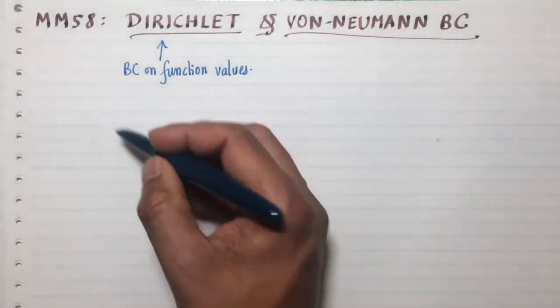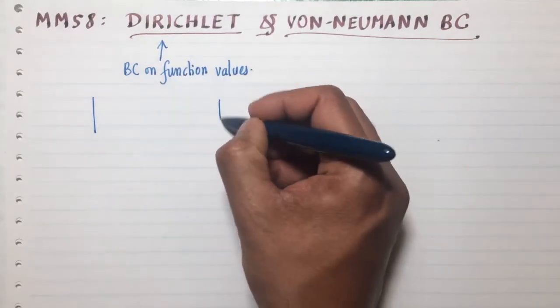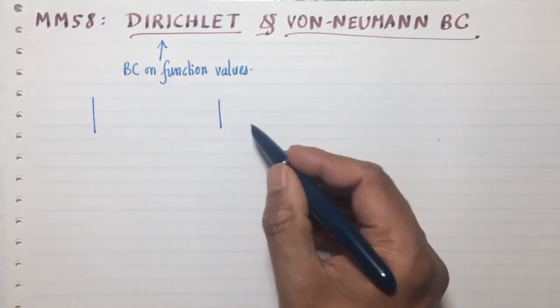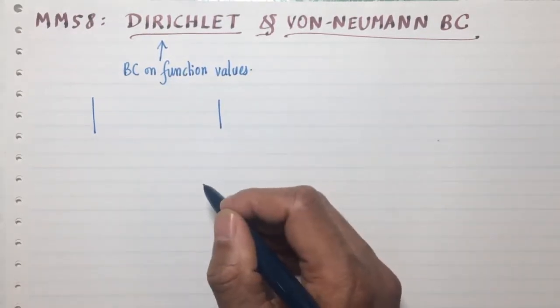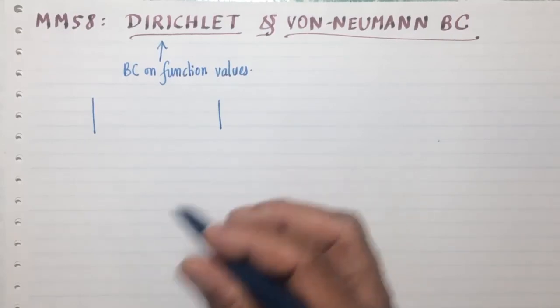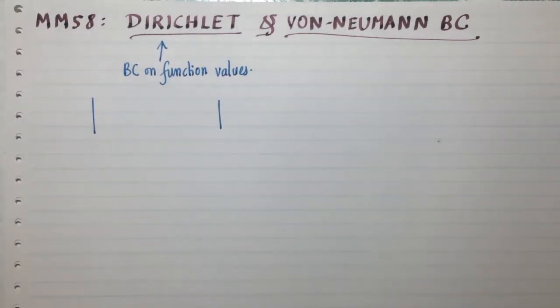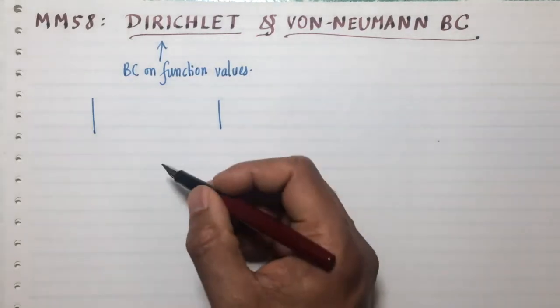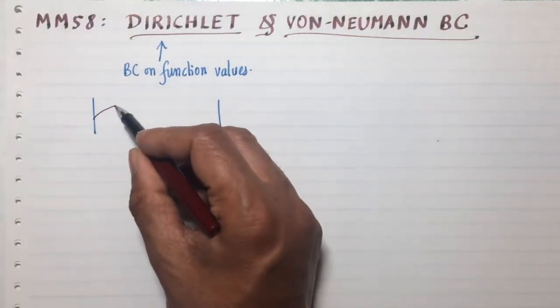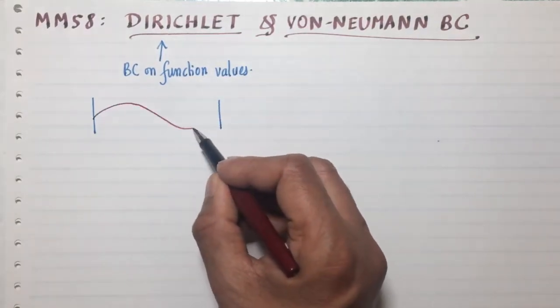Meaning that if you have 2 points known as the boundary, let's take one-dimensional problems for example to fix the ideas, then you only specify what happens at the boundary.